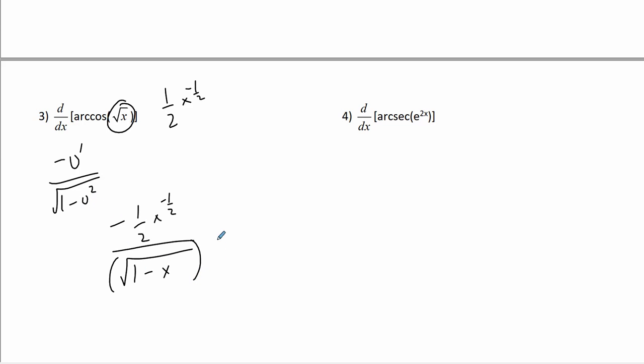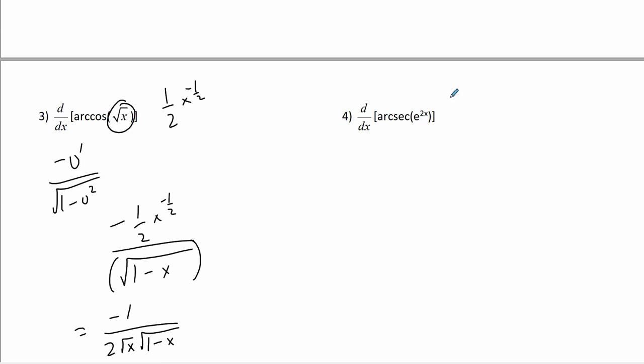Now let's tidy this up. That's going to equal negative 1 over 2 square root of x times the square root of 1 minus x. You can combine those and get the square root of x minus x squared, but that's not a big deal.